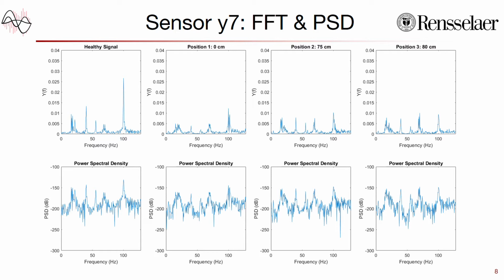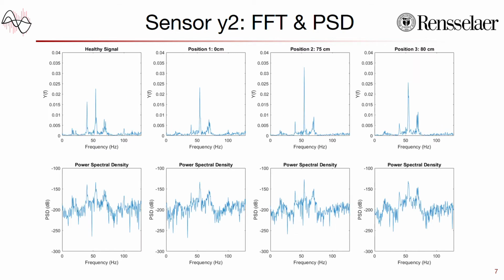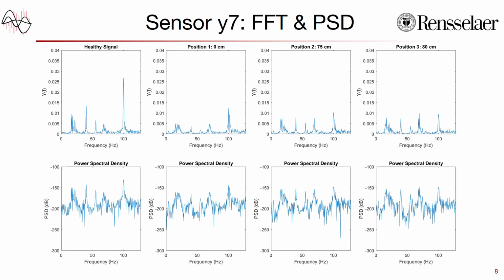The reason these frequencies are a little different from sensor Y2 is that this is positioned on the horizontal stabilizer rather than the right wing. These differences in peaks could be due to how the signal propagates throughout the whole aircraft structure. But again, you can still see that there are some frequencies that could possibly be further analyzed.